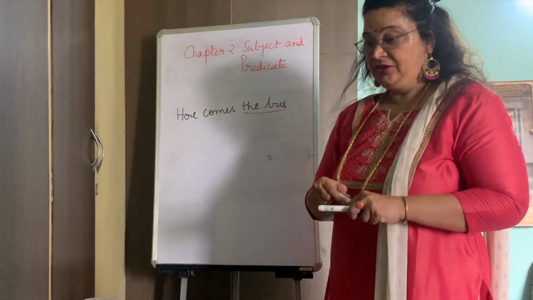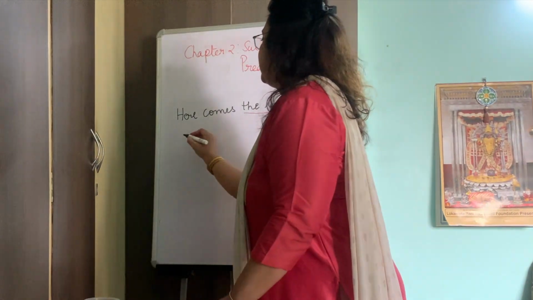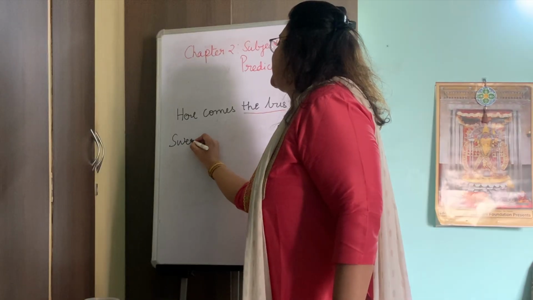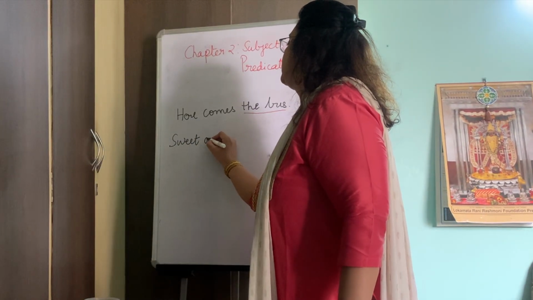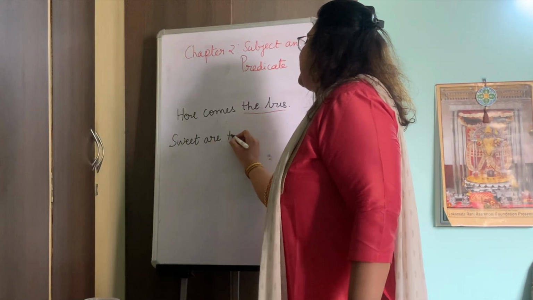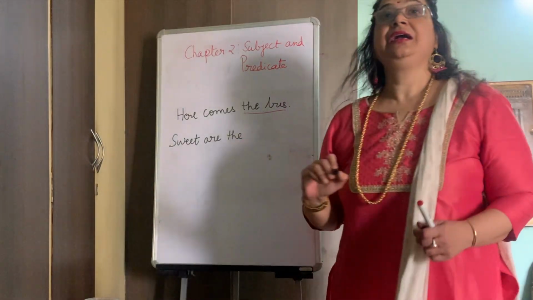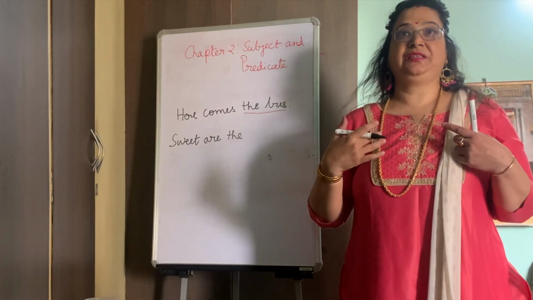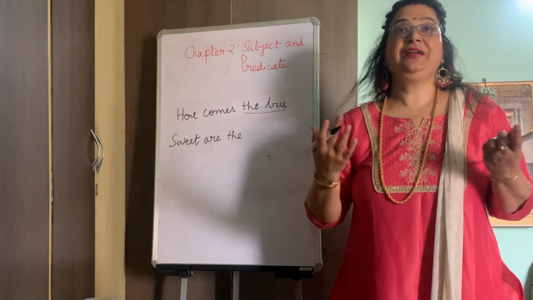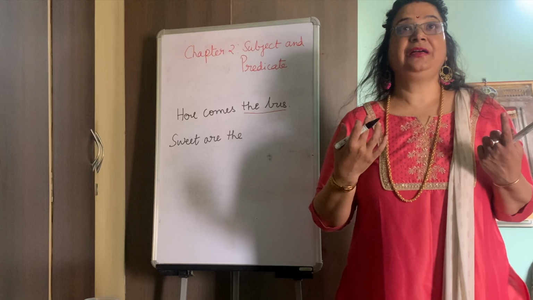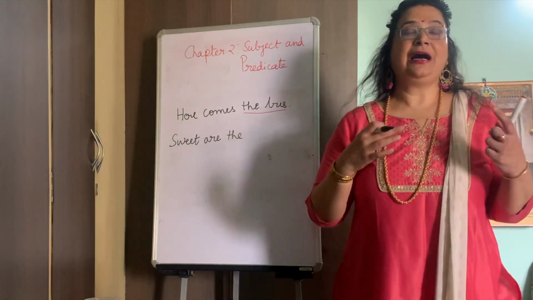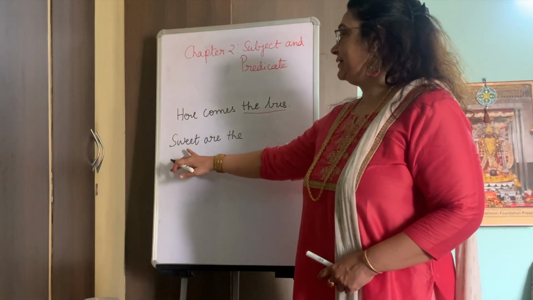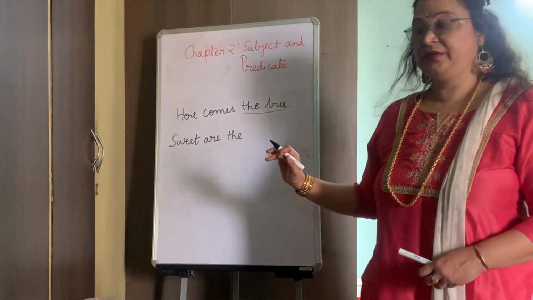Let us see another sentence. Sweet are the uses of adversity. This sentence means that if difficult times come, it teaches us something, or we get some positive reward after going through the difficult time. And it was said by Shakespeare.